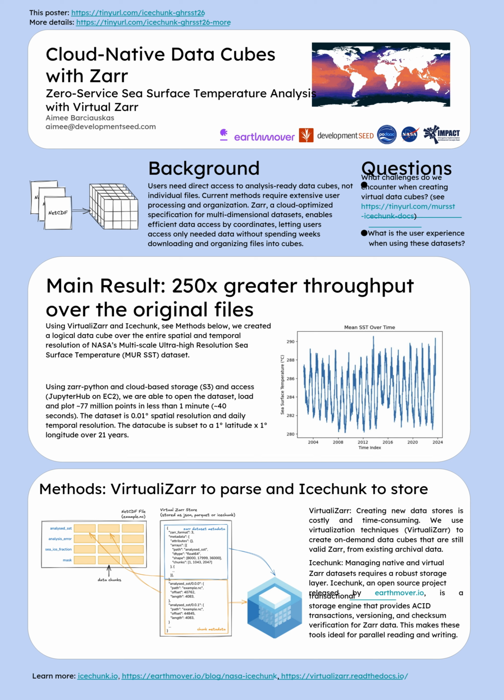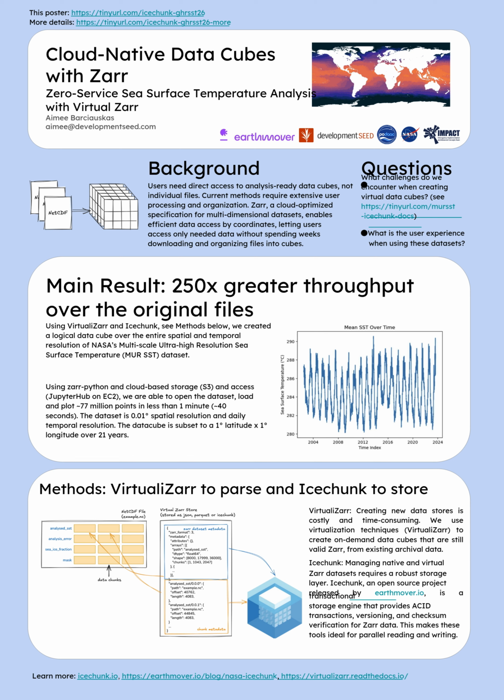And all of these projects that I mentioned are open source, so you can learn much more and try them out for yourselves. The Zarr documentation is available at zarr.dev. The VirtualiZarr documentation is available at virtualizarr.readthedocs.io, and the Icechunk docs are at icechunk.io.